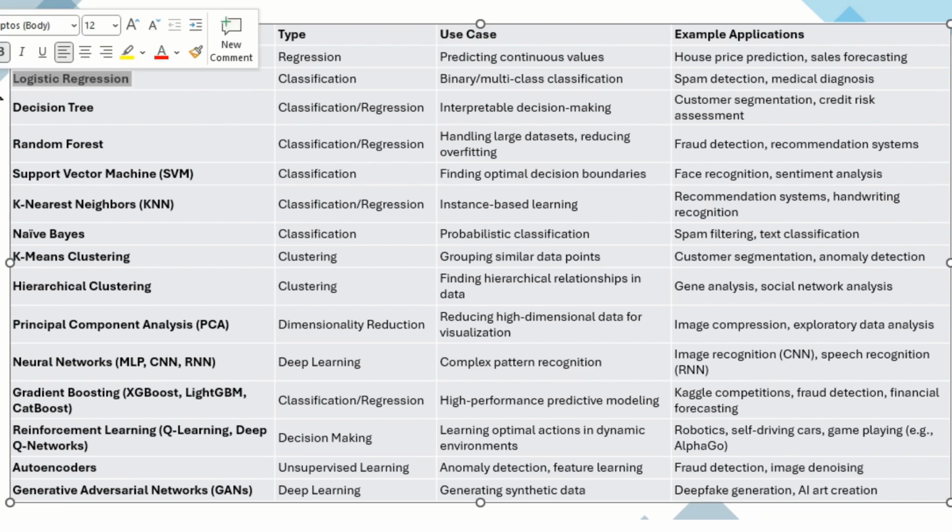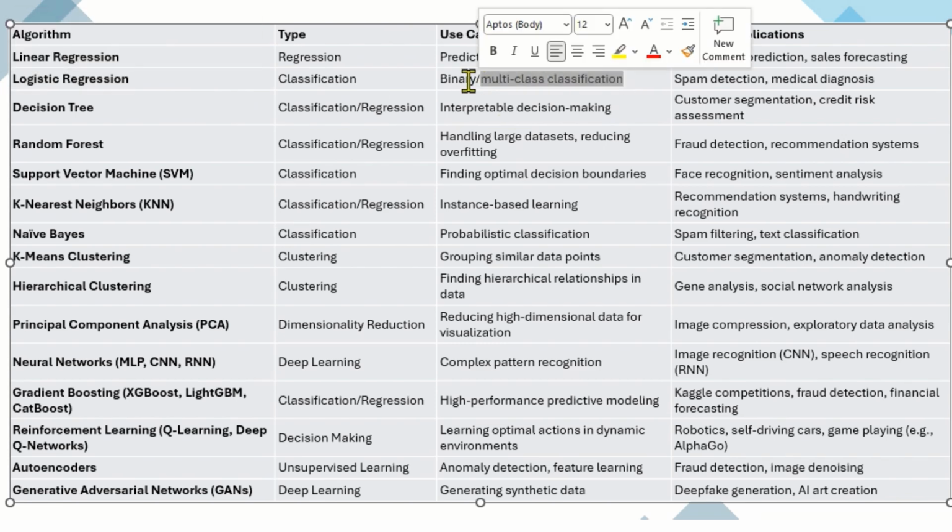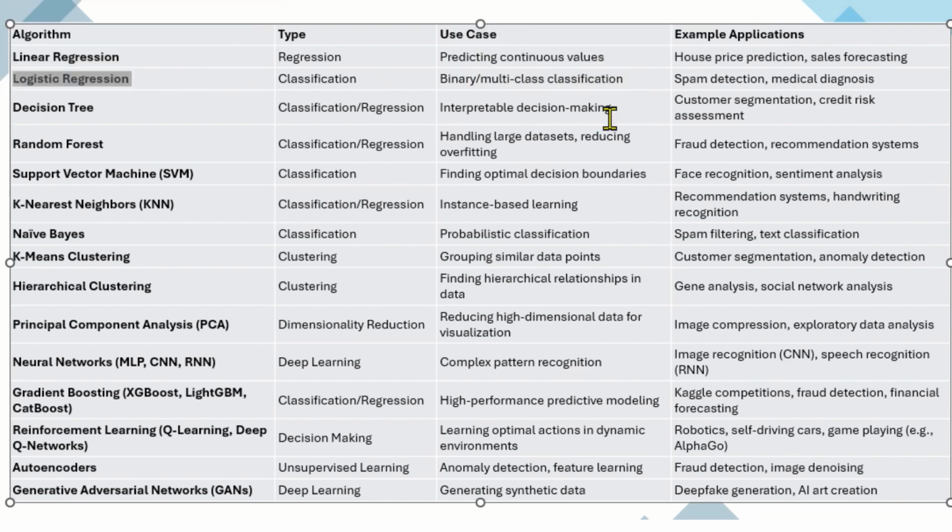Multi-class classification you can maybe also use if the data set consists of three things, like diabetic, pre-diabetic, or non-diabetic. Logistic regression you can also use for spam detection and medical diagnostics. So for this video today, I'm going to use logistic regression.